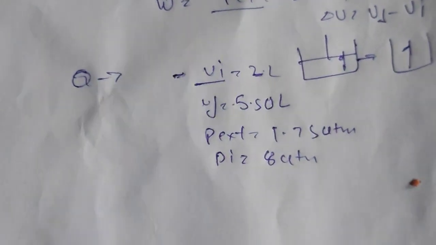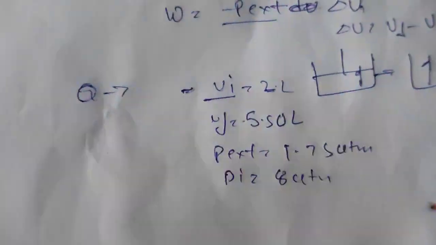First, calculate the work of the process. Since the work is done by the system, it means you lose your energy. You push the piston, which means you lose energy.